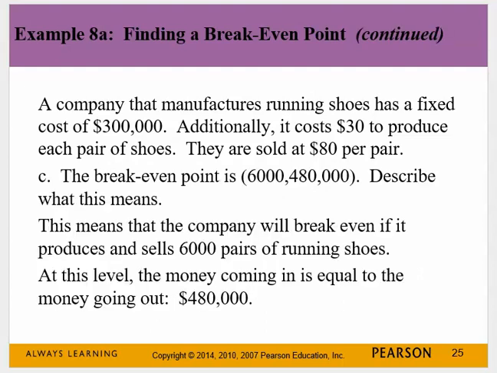And above that, if they sell 6,001, they start to make a profit. The thing is, they have to get that fixed cost paid for. So how many pairs of shoes, the profit of those shoes, are needed to be sold to meet this amount of money?